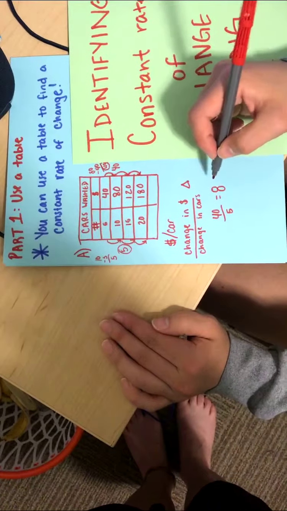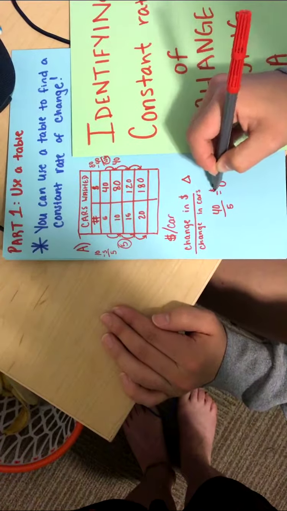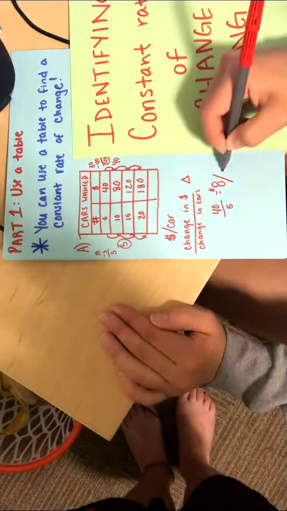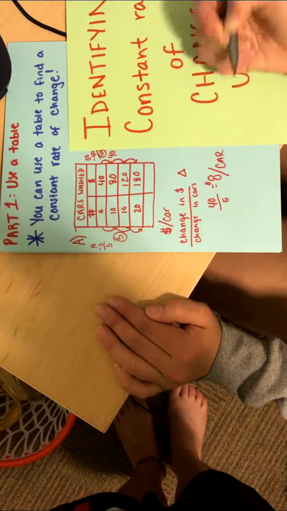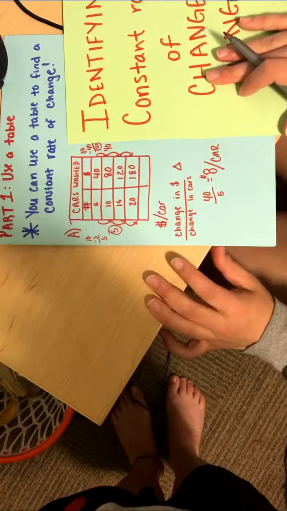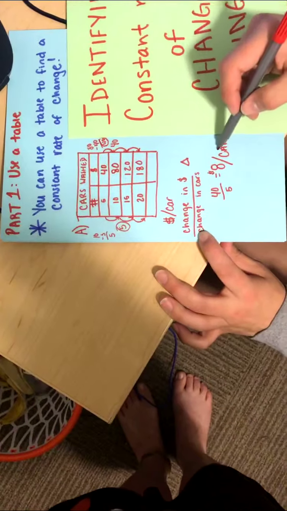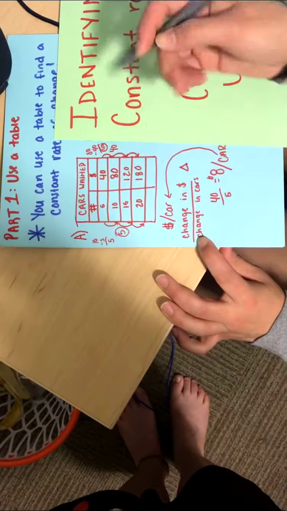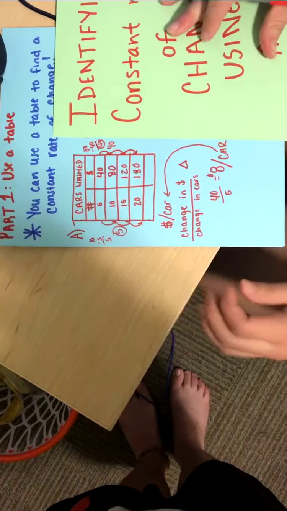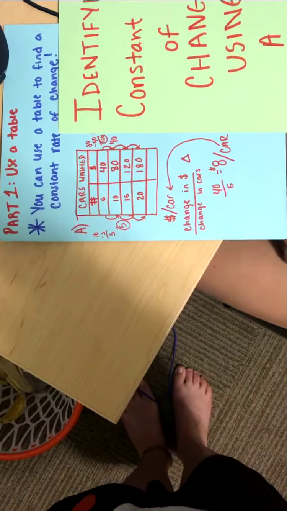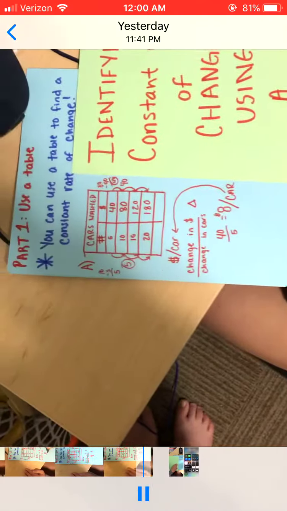So that means that this is $8 per car. If you're not sure and you don't remember how to do that, you can always go back up to your first example that you made from the story problem. Pause it.